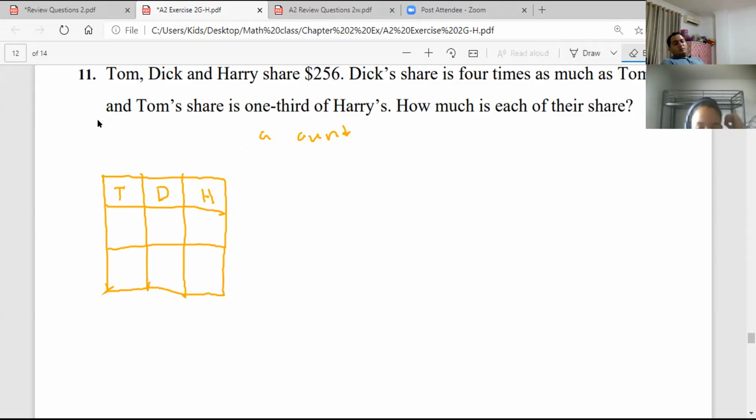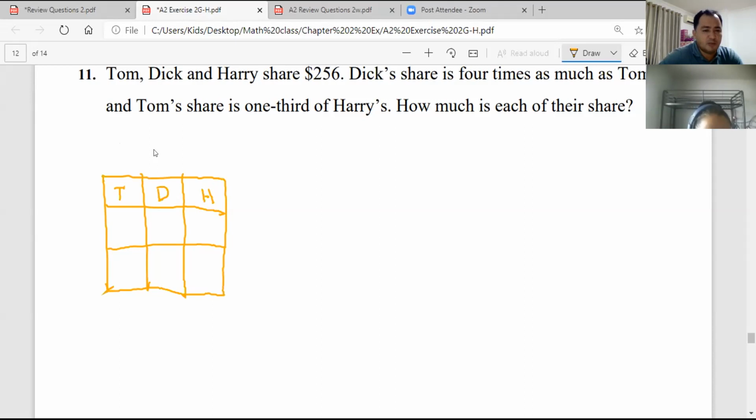Why are you deleting, Shahina? What happened? I think I made a mistake. No, we don't know Tom's, right? Here it says that Dick's share is 4 times as much as Tom's share, right? So just right now, let x be Tom's share. It was correct.